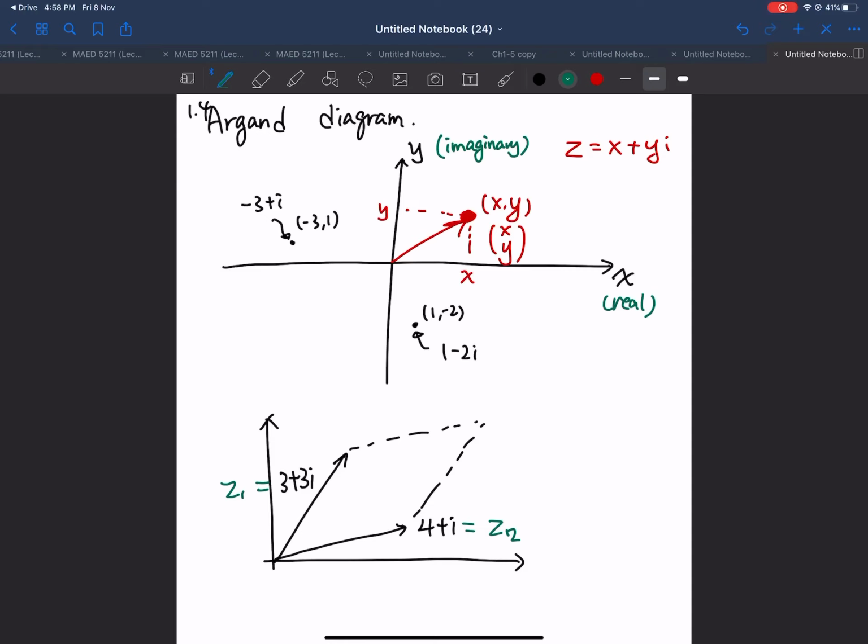You use the triangle rule or parallelogram rule. So the addition of these two vectors is here. Later on, you could try to draw the graph and see it gives you the same result.